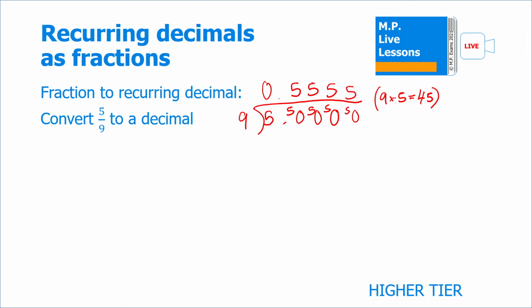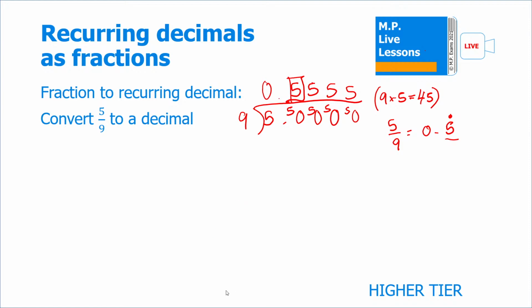You'll see the 5 will just keep repeating forever. So this is what's being repeated. So 5/9 is 0.5 recurring. So this means this 5 here is the recurring bit. It will keep repeating infinitely if you carried on with division.